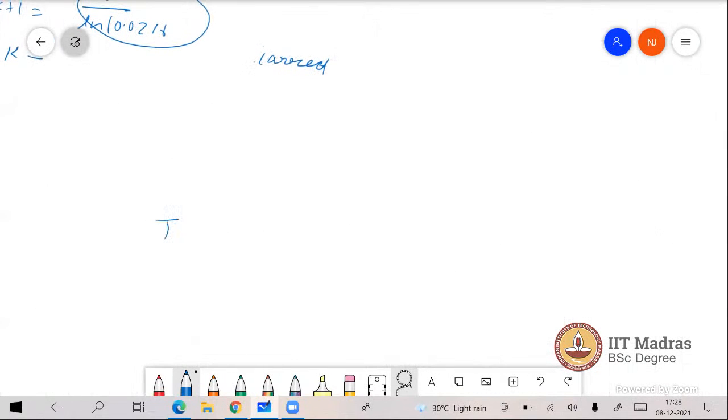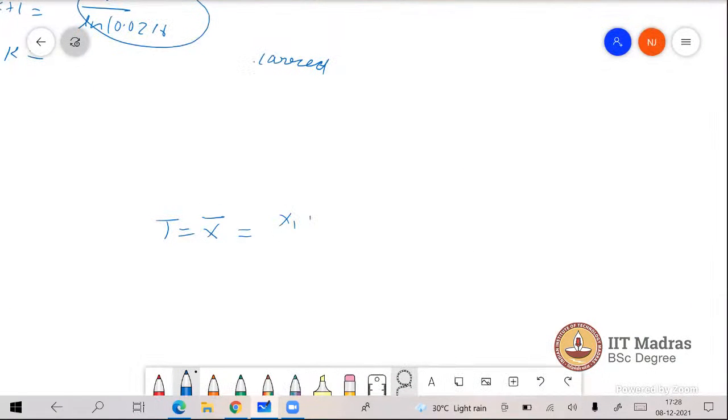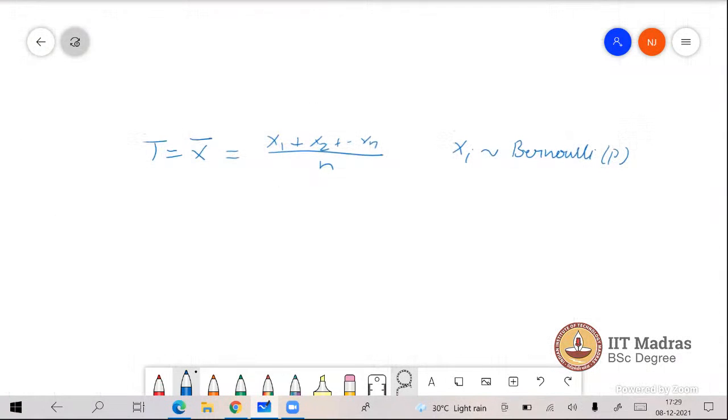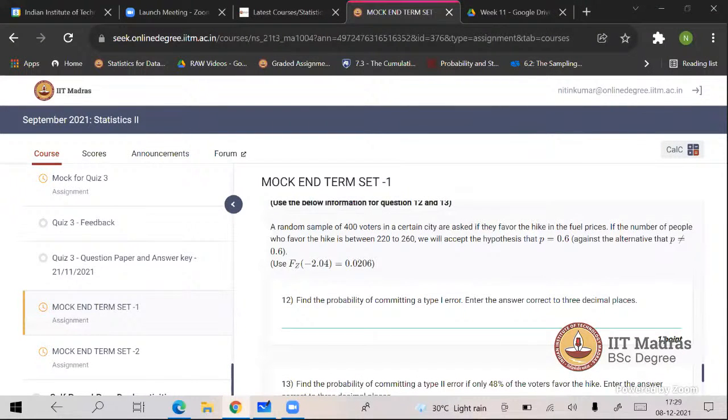So you are defining T as your x bar, where x bar means x1 plus x2 up to xn divided by n. Now the acceptance region is given: out of 400, if the number of people who favor is between 220 and 260, you will accept the null hypothesis.